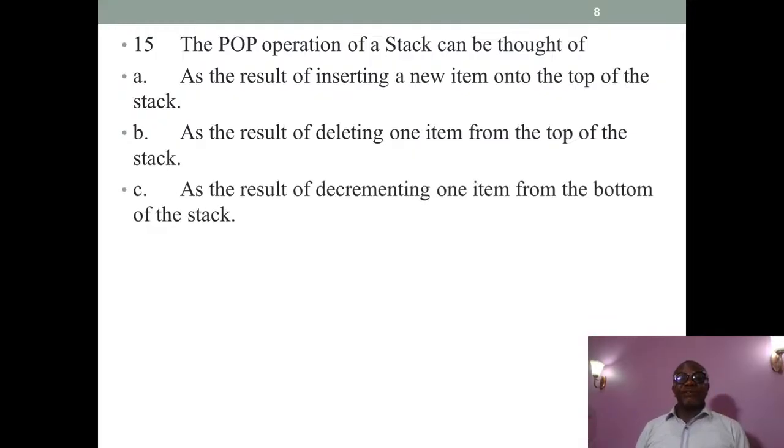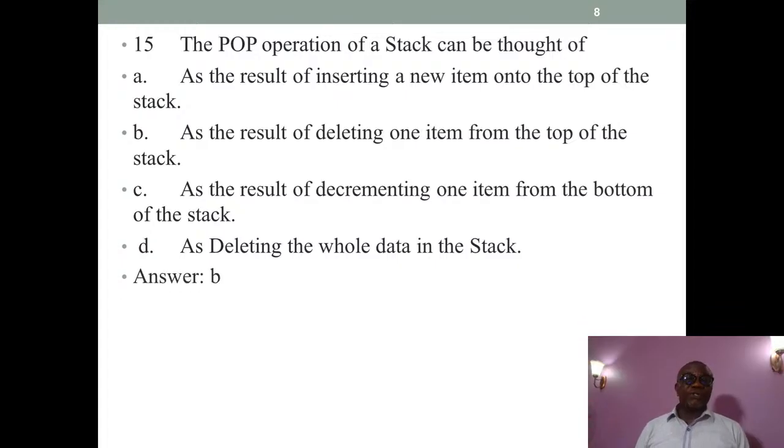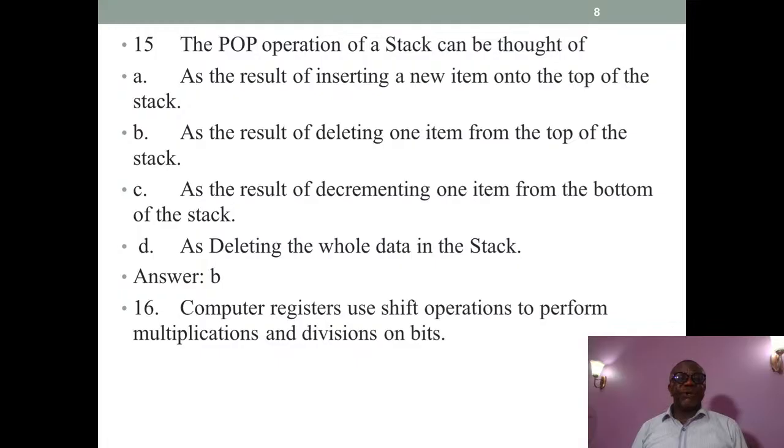C, as a result of decrementing one item from the bottom of the stack, and D, as deleting the whole data in the stack, of course, no. So our answer is B, as the result of deleting one item from the top of the stack. When you remove one, the next one pops up. That is the two commands you have in your stacking and stack registers of a computer.